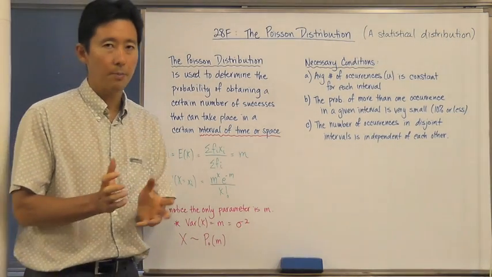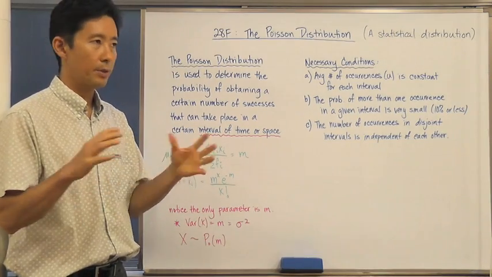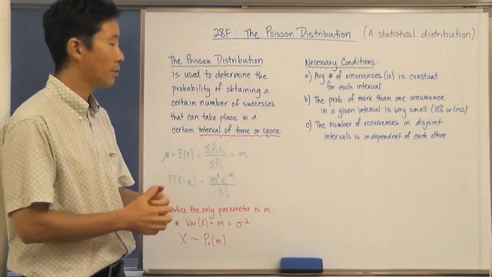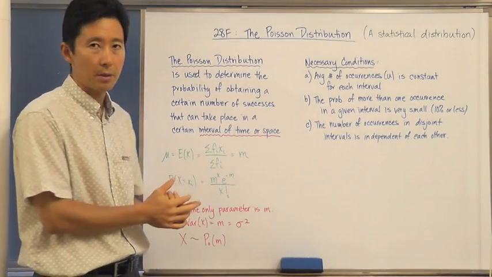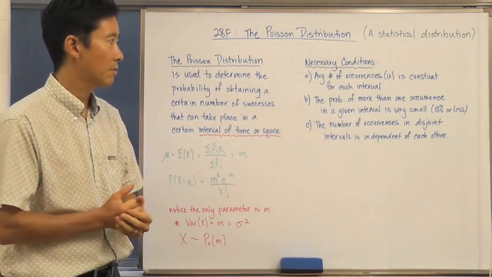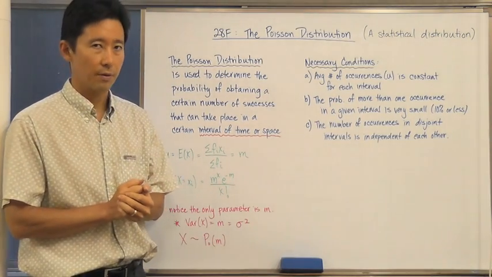Now, there's a couple of necessary conditions before we can say that a particular frequency distribution is going to fit within the Poisson distribution, and therefore we can use the model to make generalizations. And here are the three necessary conditions. One, the average number of recurrences is constant for each interval.